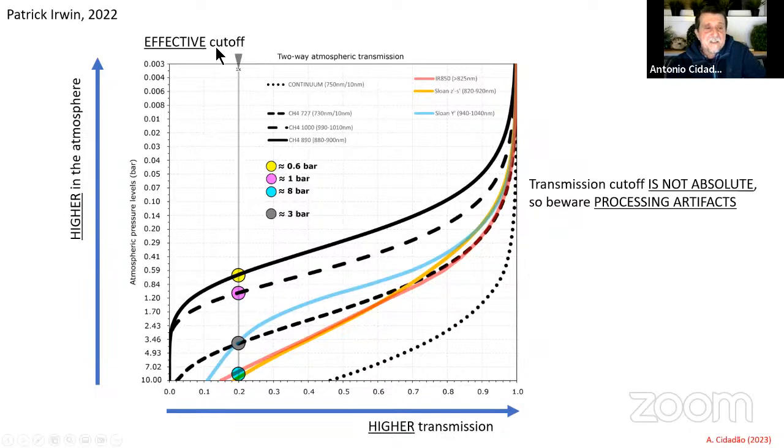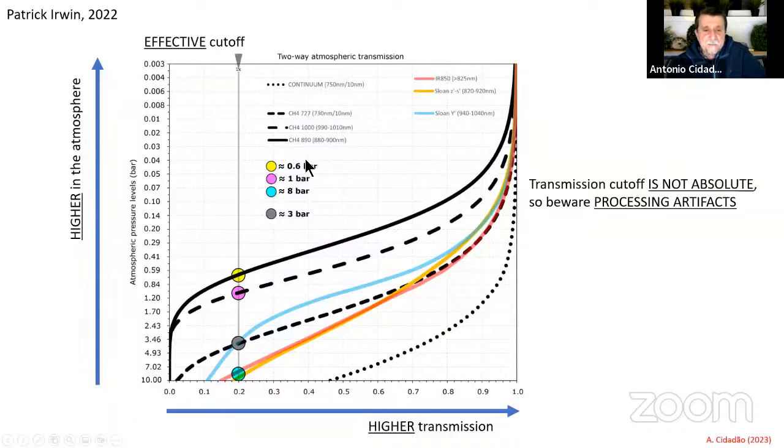But this cutoff is effective. It is not absolute. So processing artifacts easily occur, even in this range of the graph, by overprocessing our images. So please, no processing of images for this purpose, please.